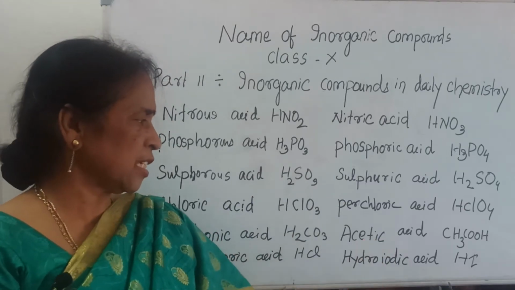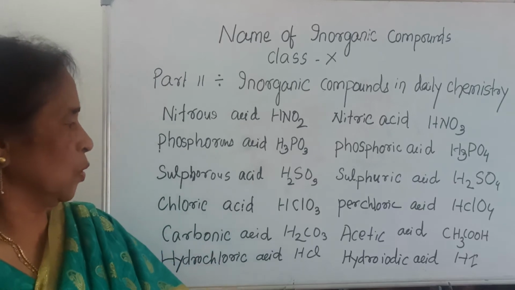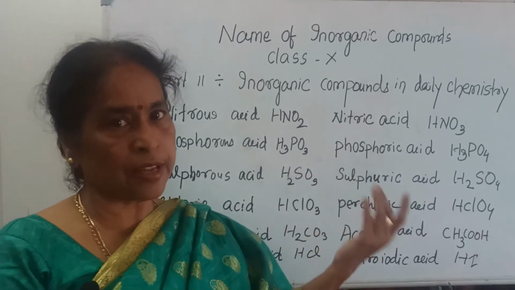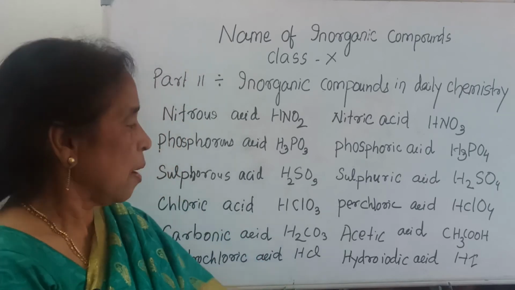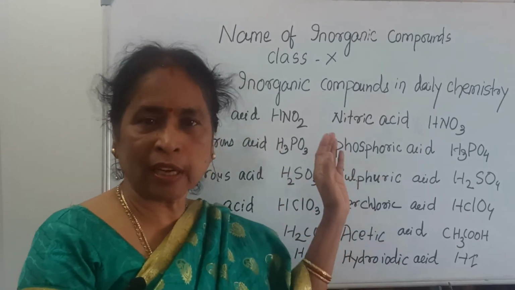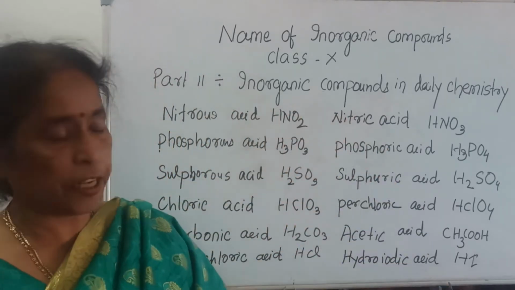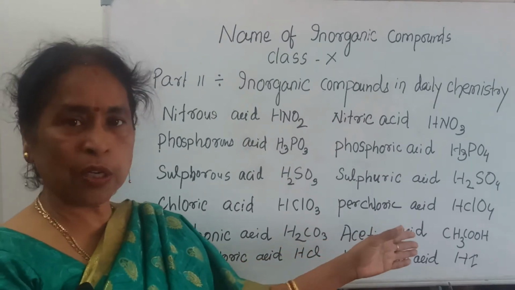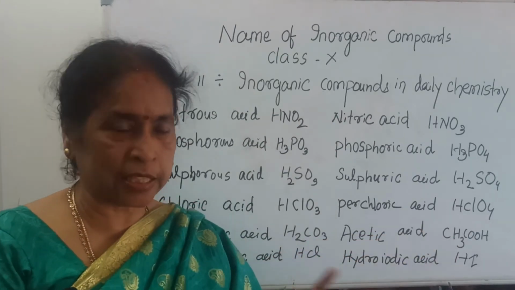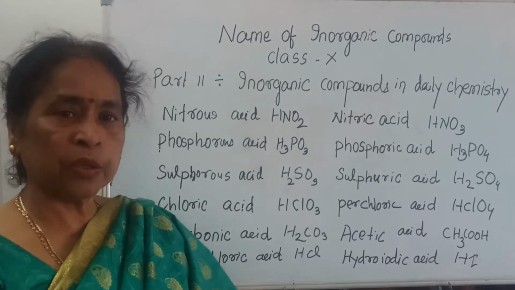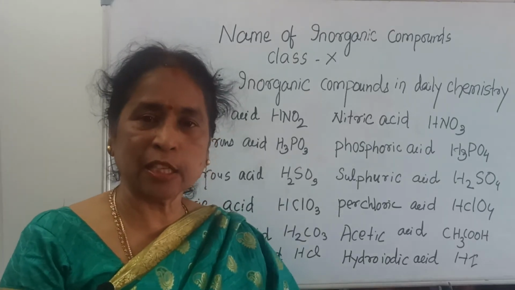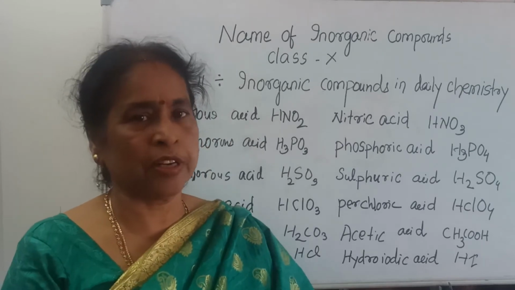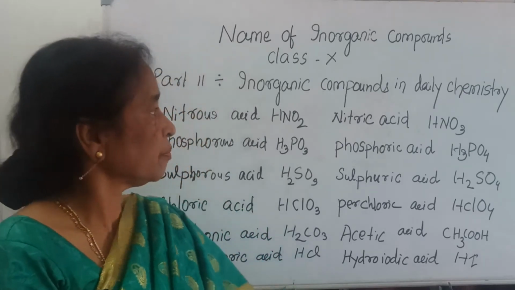Actually this CH3COOH is special, because it is very important, but it is an organic acid that comes up in our daily chemistry. That is why I mention it. One should remember acetic acid, hydrochloric acid HCl, hydroiodic acid HI, and similarly hydrobromic acid HBr.